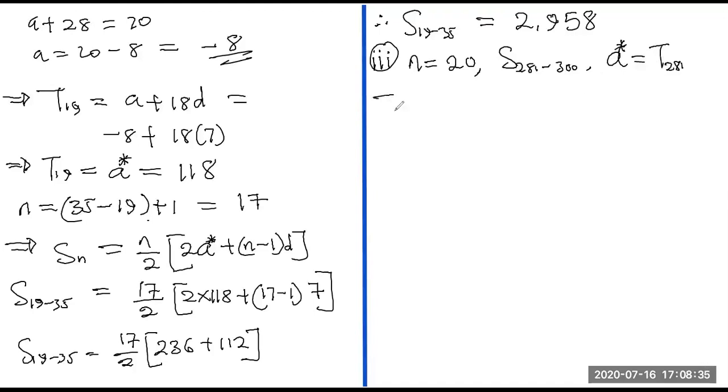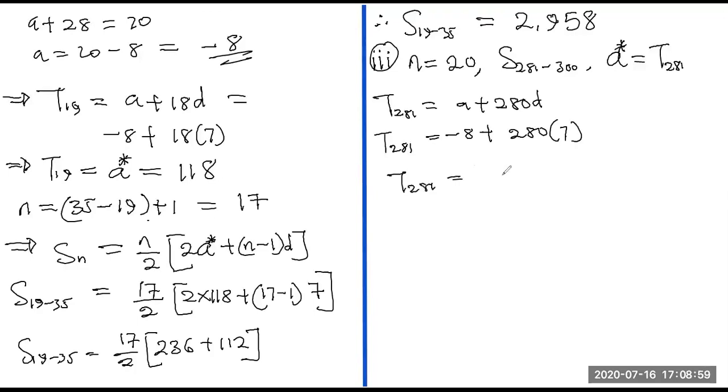So T281 is equal to A plus 280D. And A is what? Our A is minus 8 plus 280 into D, which is 7. So when we solve this, what do we have? Use your calculating device, please. Alright, so our T281 is equal to 1952.